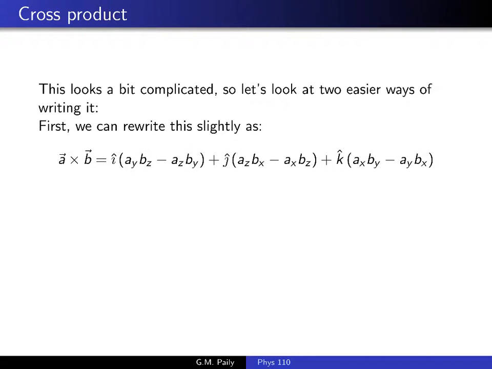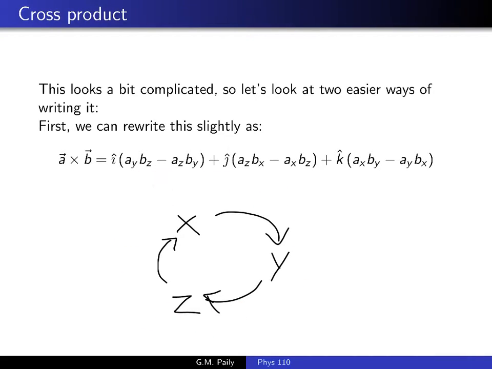So what is the pattern? We see the pattern that in the first term we have x, y, z. In this term we have y, z, x. And in this term we have z, x, y. So, in each of these groups, we start with going around the circle.